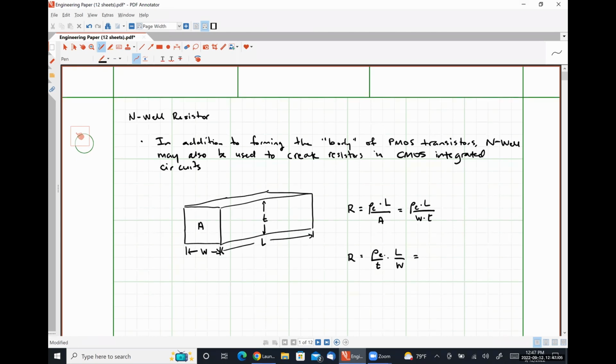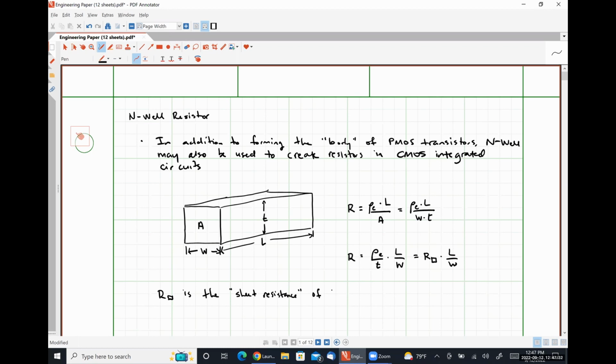And rho E over T is given a special name, R square, where R square is the sheet resistance of the material, and has units of ohms per square.